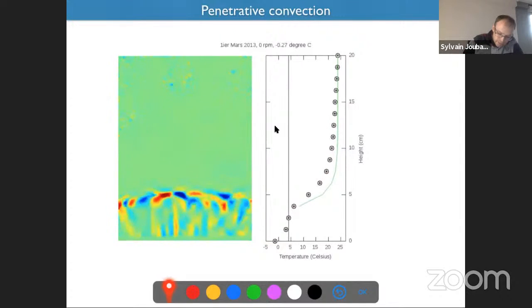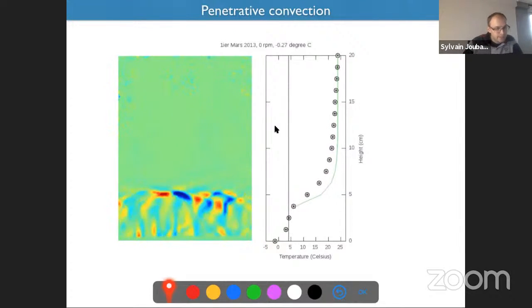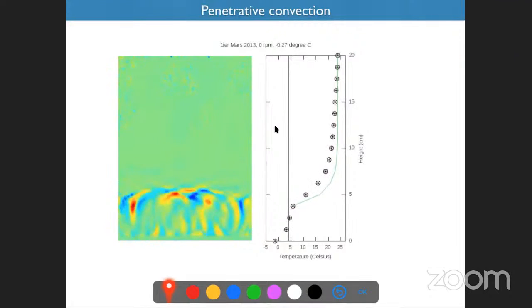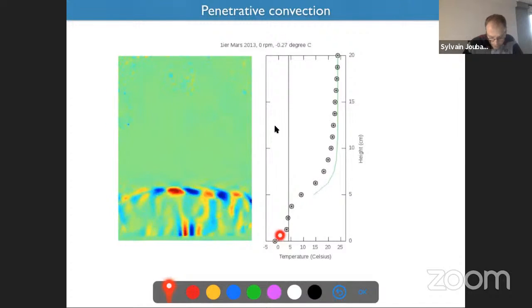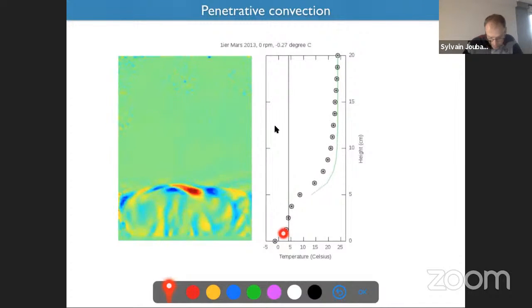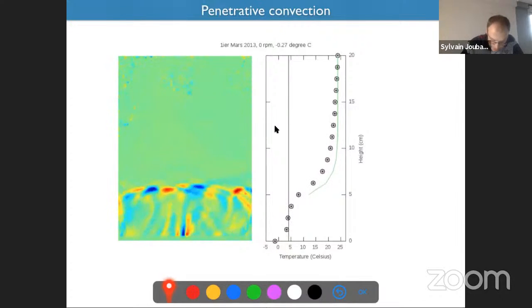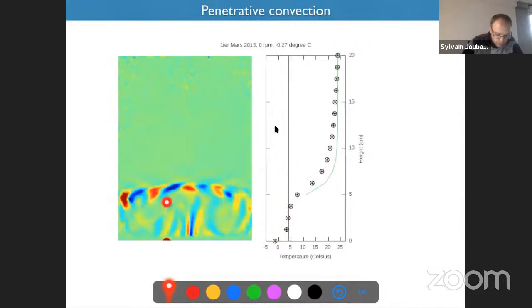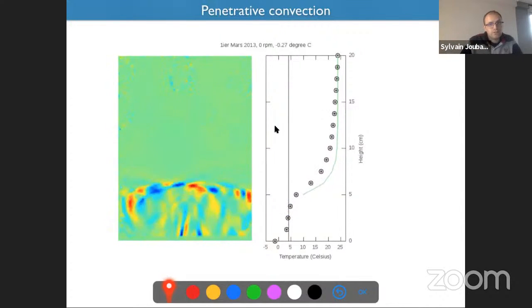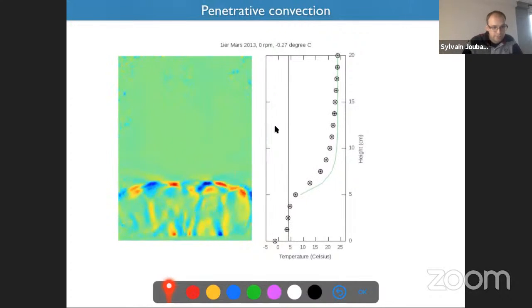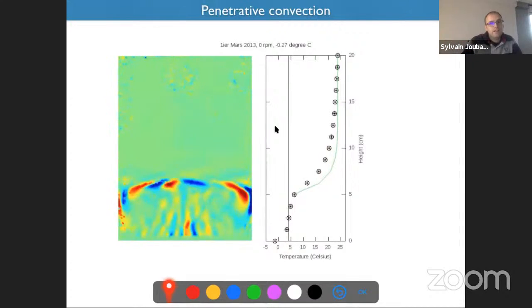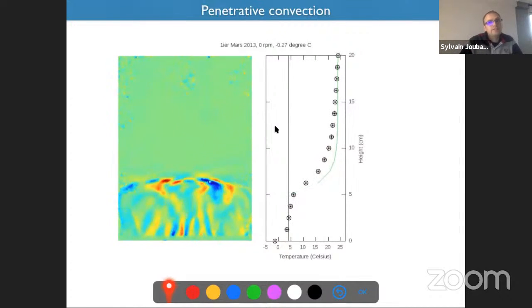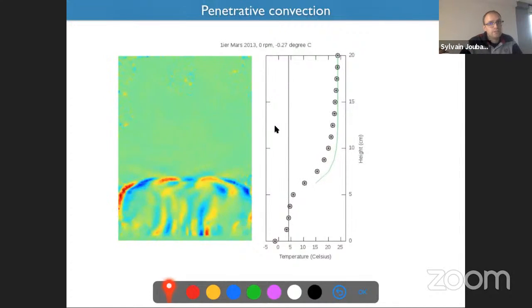We wanted to see what was the evolution of the interface as a function of time. So you can still see the convection. The temperature here is homogeneous. You have some air layer where the temperature is increasing. Then the temperature is at 4 degrees, and it's because the fluid is mixed because of convection. And then here the temperature is slightly increasing, and this is a profile that is determined due to diffusion.